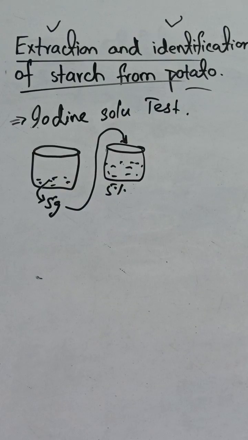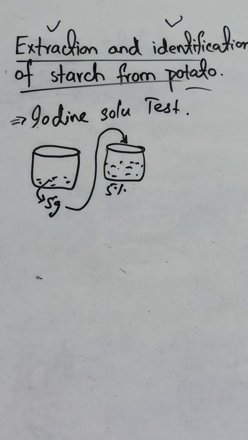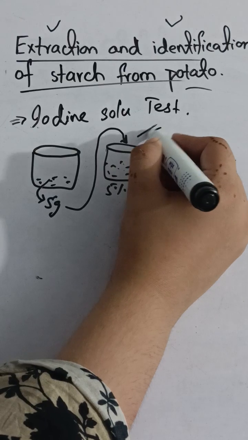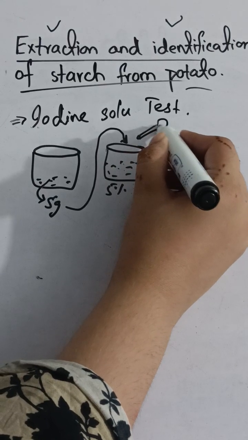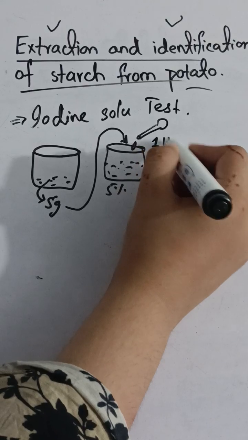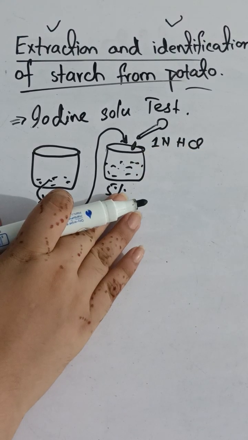And just remember one thing, this water will be hot. Okay, into the hot water you have to add your starch. After that you will add only one drop. With the help of a dropper you will add only one drop of one normal HCl solution to this 5% solution.